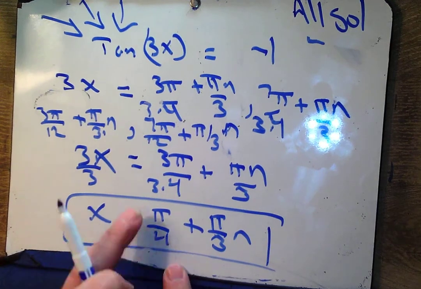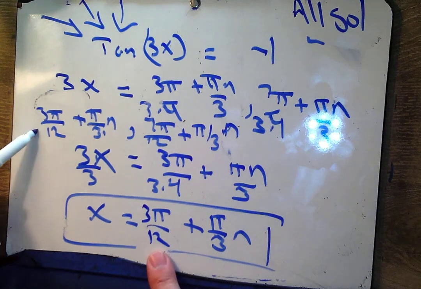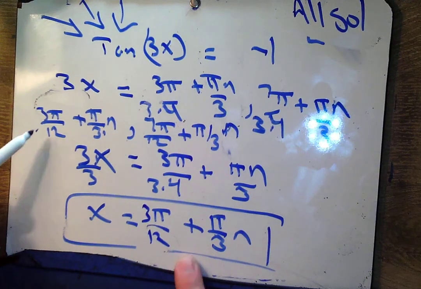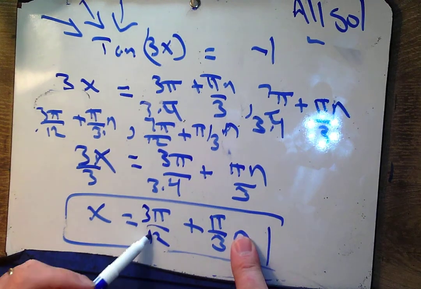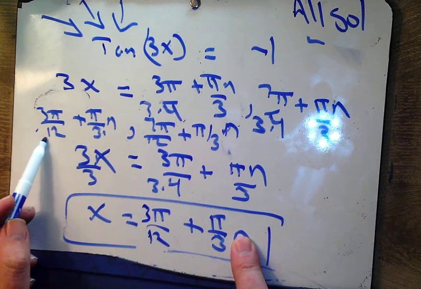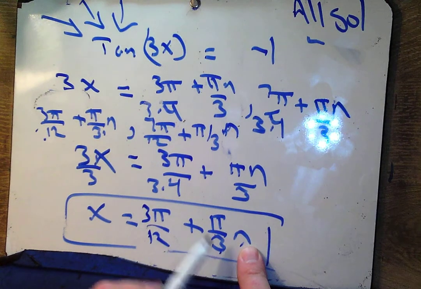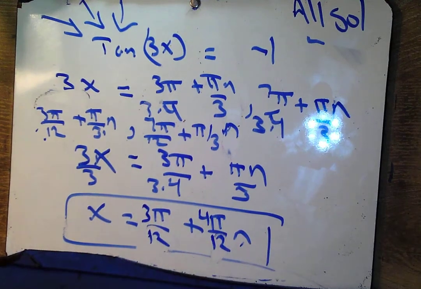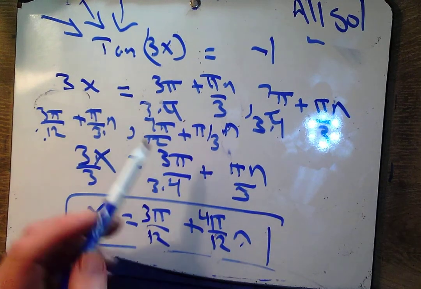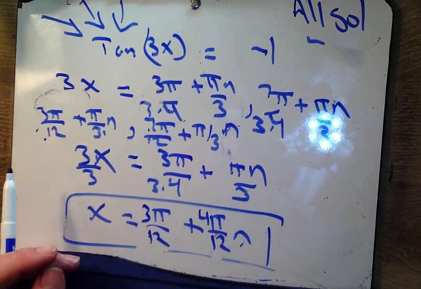Well, this we know would be 3 pi over 12. Okay? So we definitely have that first answer. Now, if I plug a 0 here, that's this. If I plug a 1 in here, I'm going to add another 4 pi over 12. And so 3 pi over 12 plus 4 pi over 12 is 7 pi over 12.